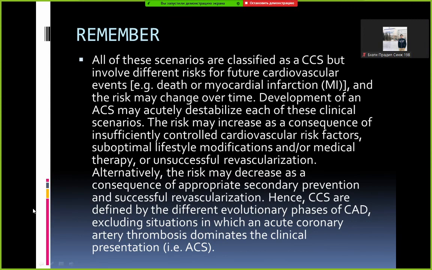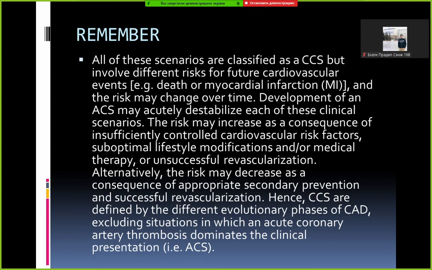So remember, all of these scenarios are classified as chronic coronary syndromes, but involve different risks for future cardiovascular events, for example, death or myocardial infarction, and the risk may change over time. Development of an acute coronary syndrome may destabilize each of these clinical scenarios.